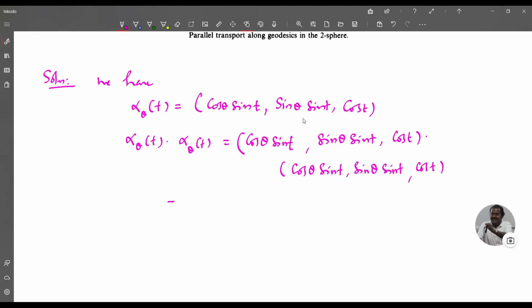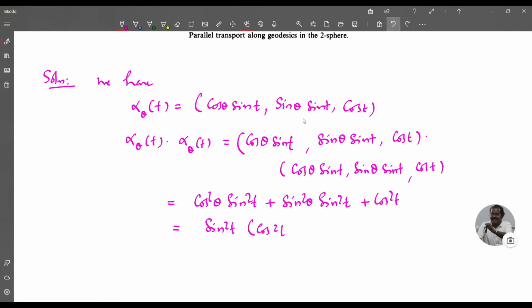Taking the dot product, you get cos square theta sin square t plus sin square theta sin square t plus cos square t. So this is sin square t into (cos square theta plus sin square theta) plus cos square t, which is sin square t plus cos square t. So this is 1.